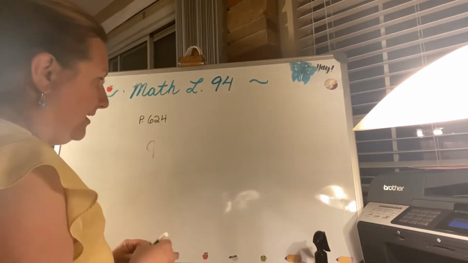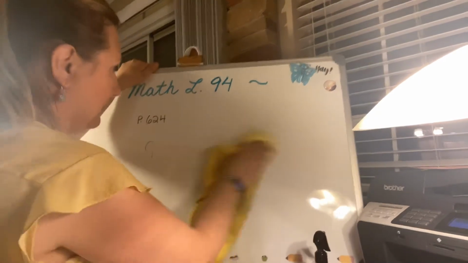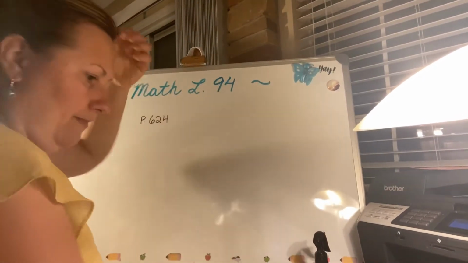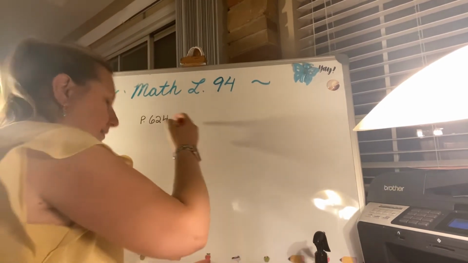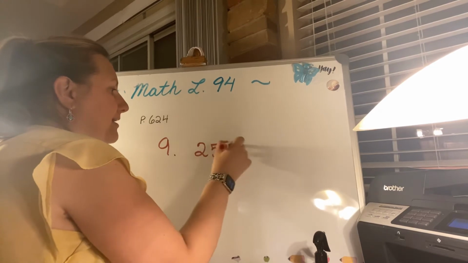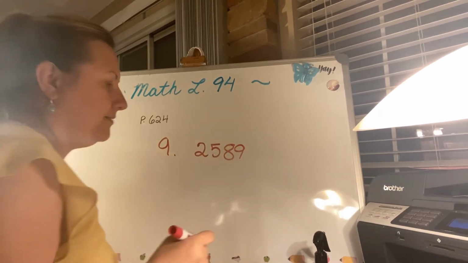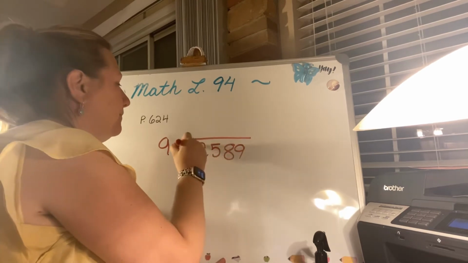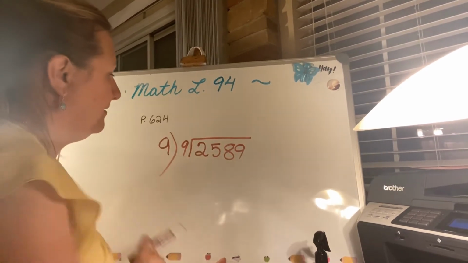So for number 9, looks like the board's still a little bit wet. Let me dry it a little bit better. So what would you estimate 2,589 to? Why don't you pause a second if you want to, and divide it by 9.